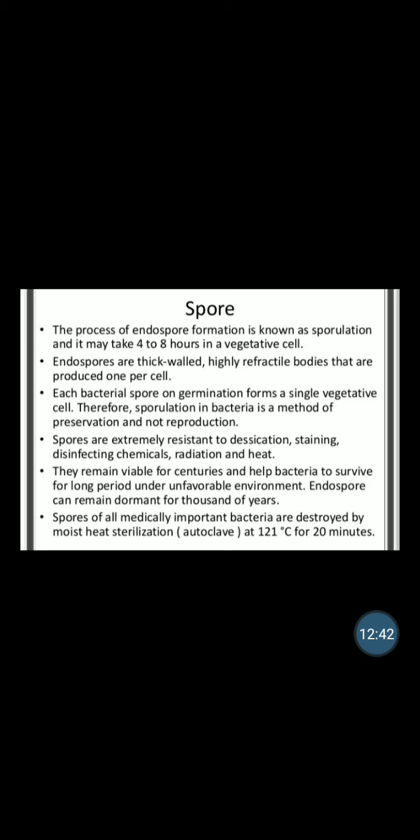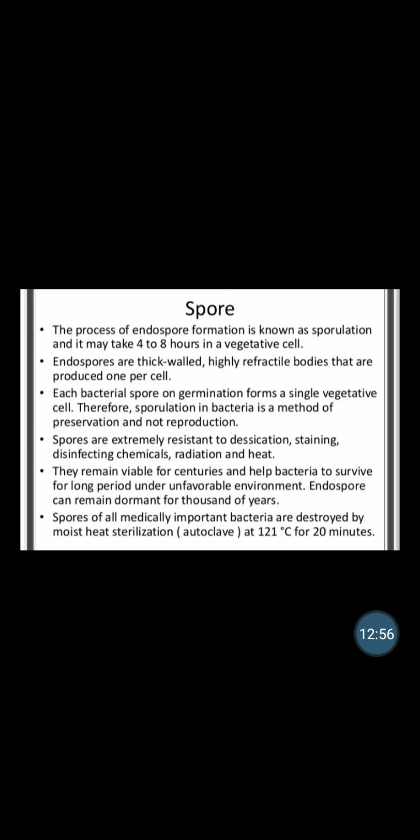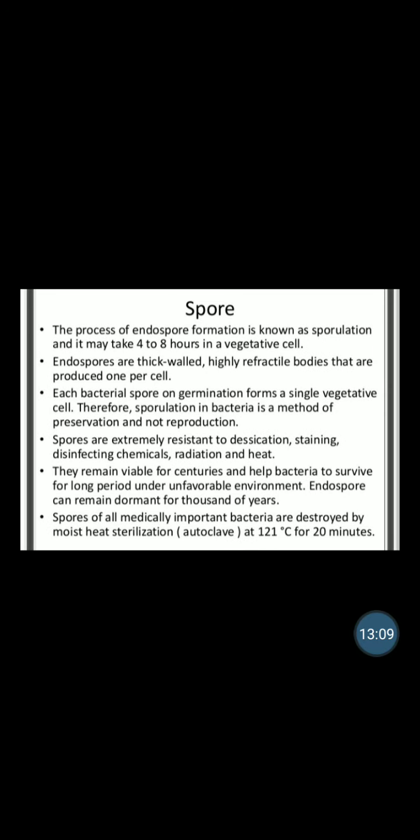There are two methods of sterilization: first, dry heat sterilization, by use of a hot air oven, and second, moist heat sterilization, by use of an autoclave at 121 degrees Celsius for 20 minutes. This is all about the ultrastructure of bacteria.